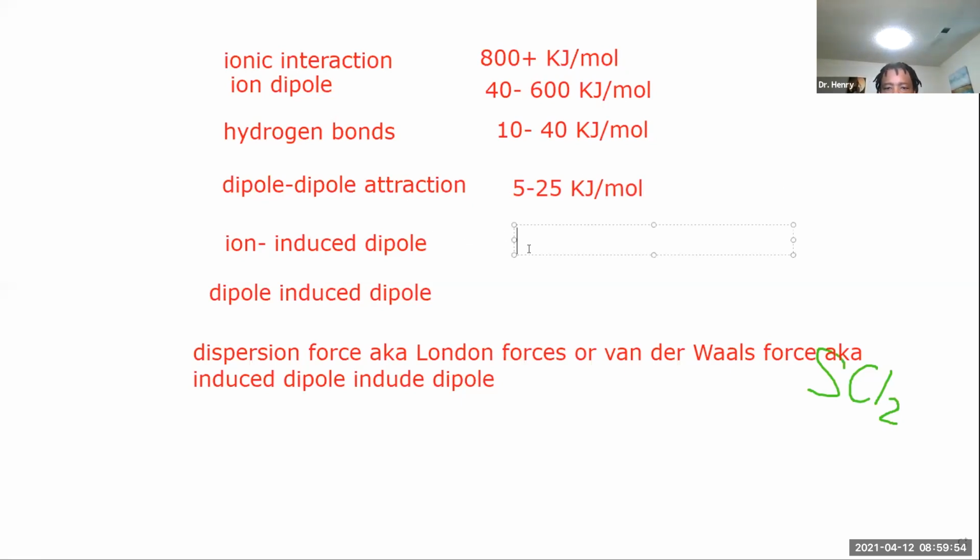This guy is going to be 3 to 15. This guy is going to be 2 to 10 kJ per mole. And this guy is going to be really, really weak, 0.05 to 40.